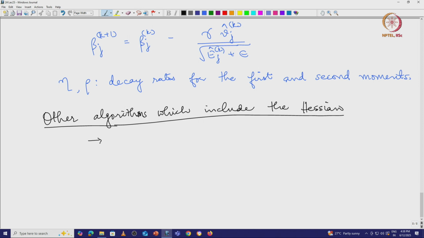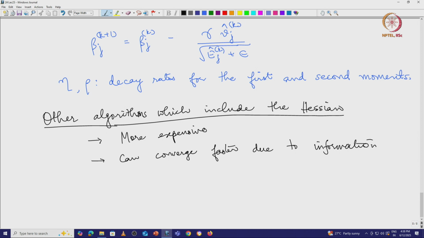So, these are certainly more expensive, but can converge faster due to information on second order derivatives.